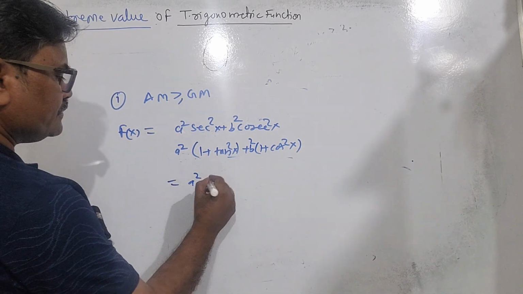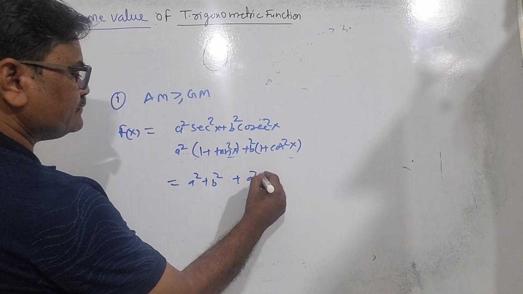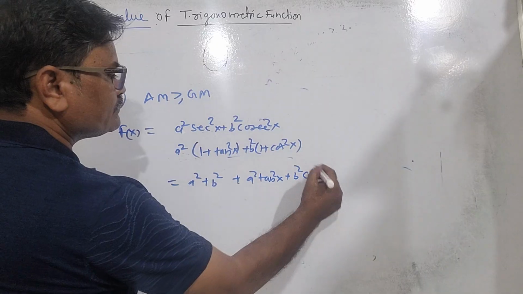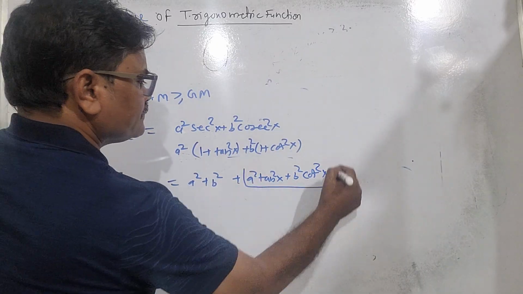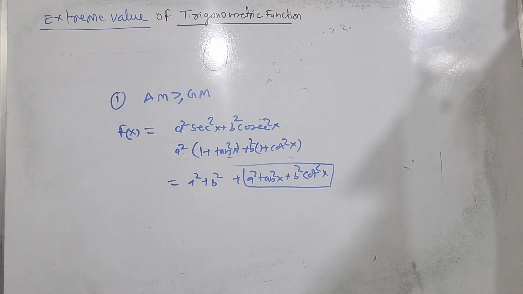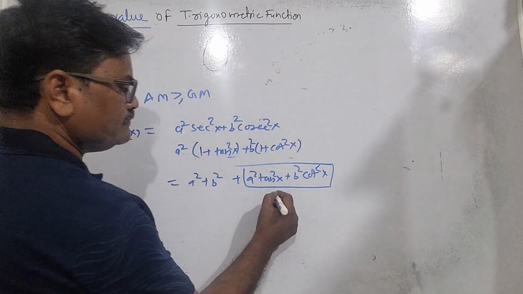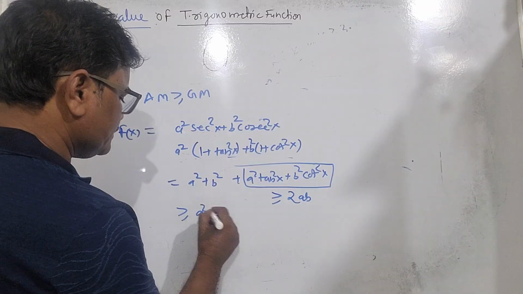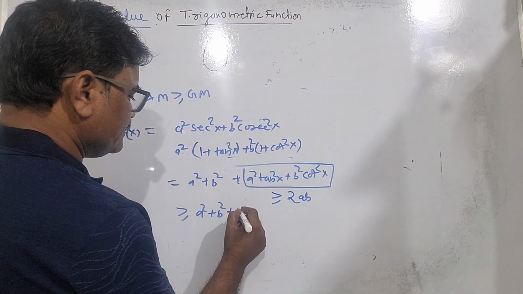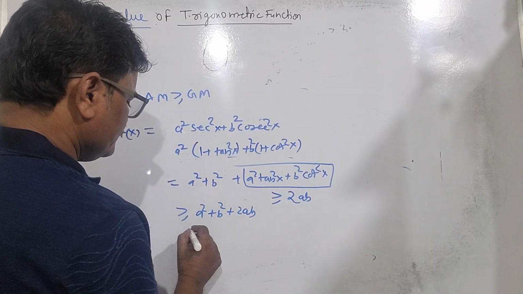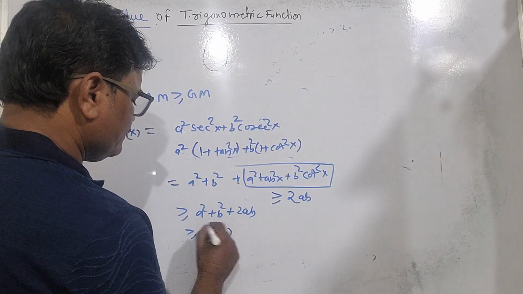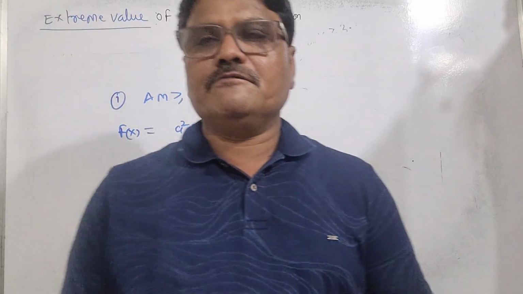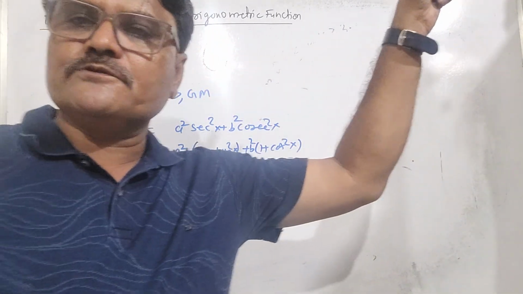This is a square plus b square and then a square tan square x plus b square cot square x. This we can find the range of by using AM greater than equal to GM. This is greater than equal to 2ab. Finally this expression is greater than equal to a plus b whole square. So a plus b whole square is its minimum value. Okay, and it will go up to infinity.